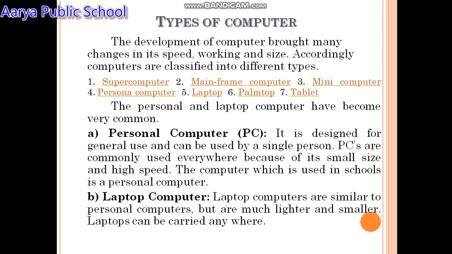Now next, types of computer. The development of computer brought many changes in its speed, working and size. Accordingly, computers are classified into different types, based on the development of computer, as it has developed as per requirement.